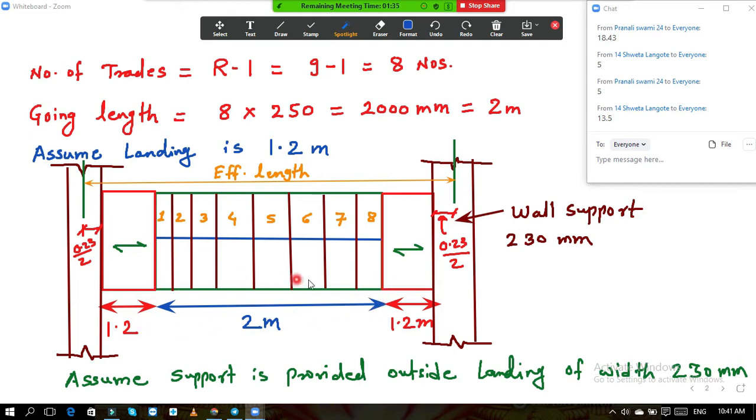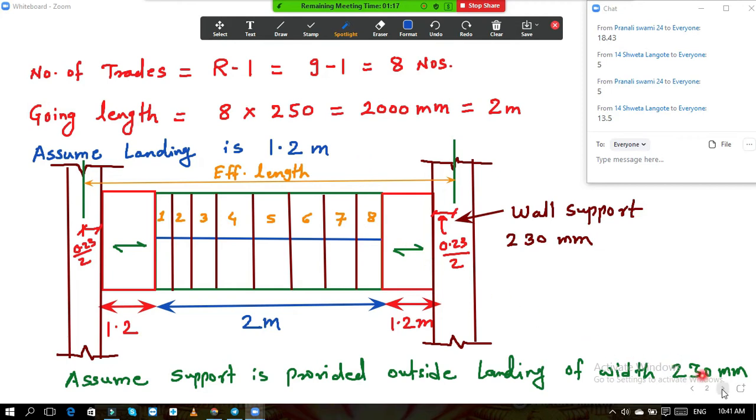From this point to this point it is 2 meter, where the load is different on this 2 meter length, and the load on the landing we will extend up to this center. So it is 1.2 plus 0.23 by 2. So this length we need to calculate.